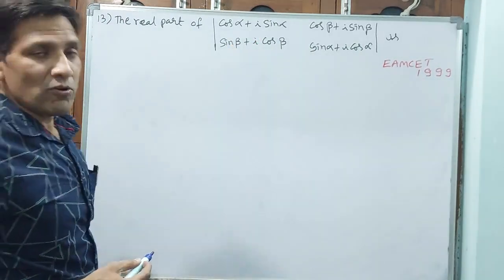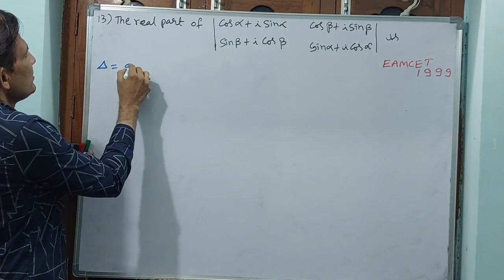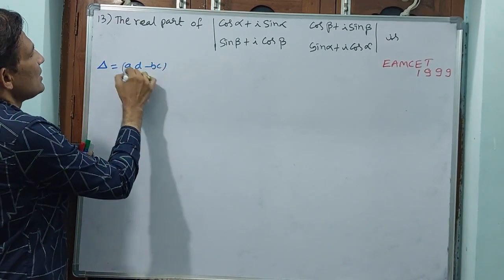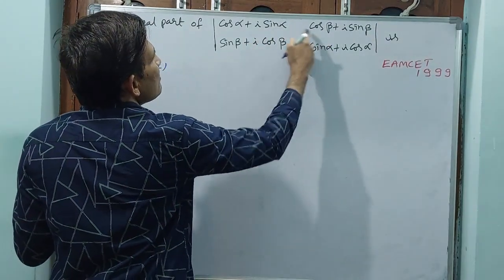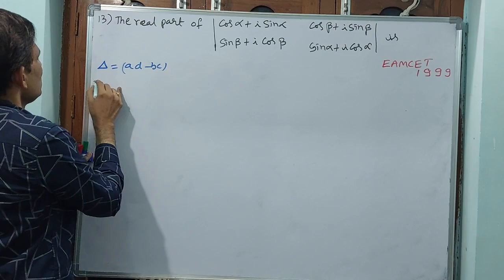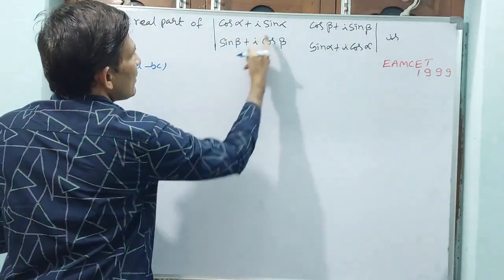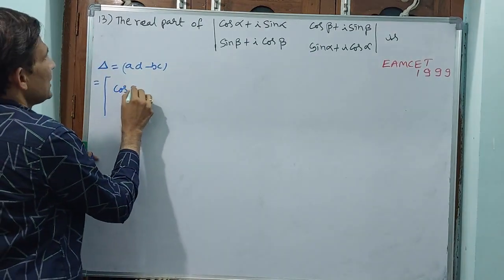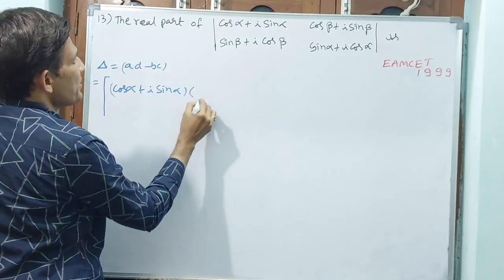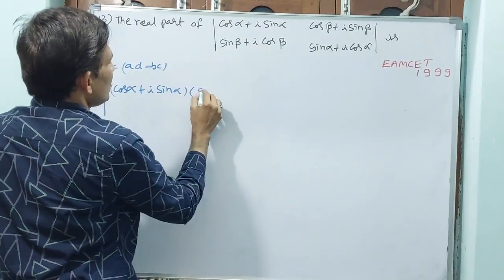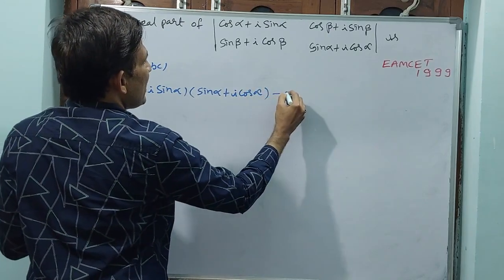How are you going to find the determinant? AD minus BC, that's all. I need not tell you, determinant is equal to AD minus BC. That means AD minus BC equals, see what I am writing: cos alpha plus i sin alpha into D, sin alpha plus i cos alpha, minus BC.